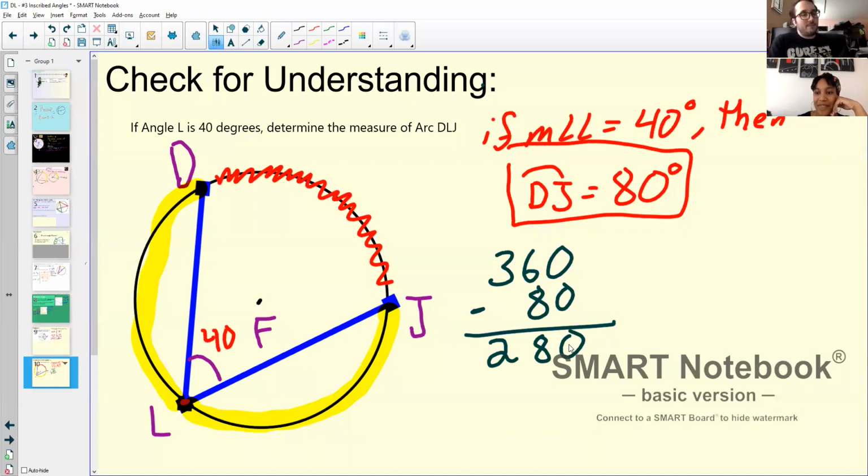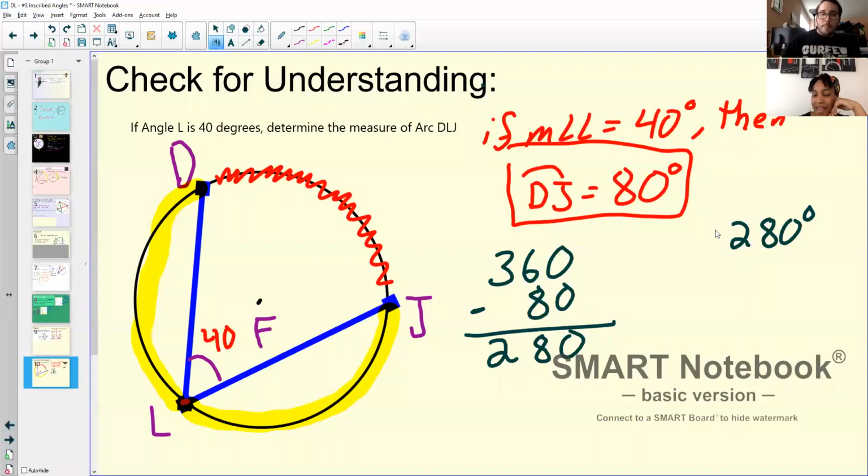If I write this, would that get me full credit for this? Yes, degrees. So if I write 280 degrees, am I done? No, Vanessa and Javier say no. Why no? What are we missing? That gives you full credit. So we already have the degrees.